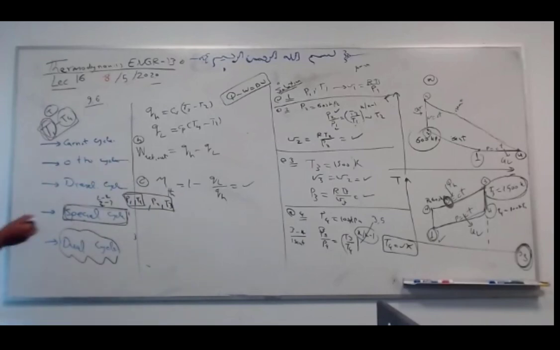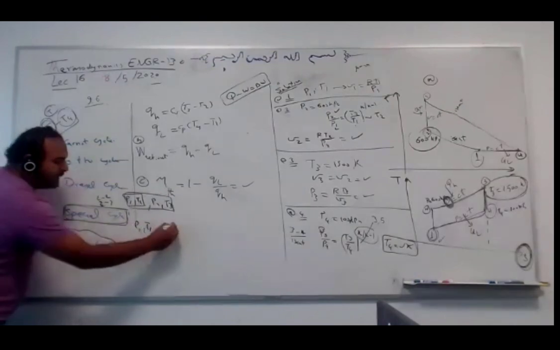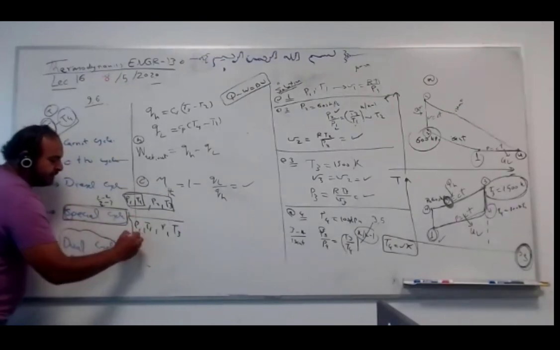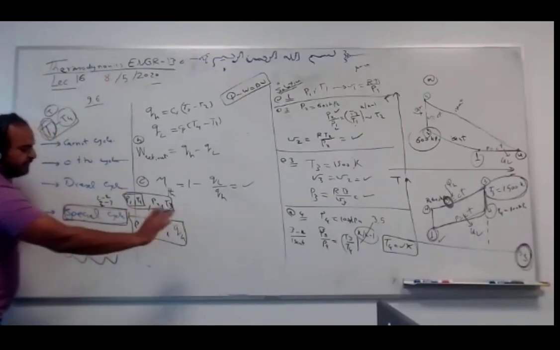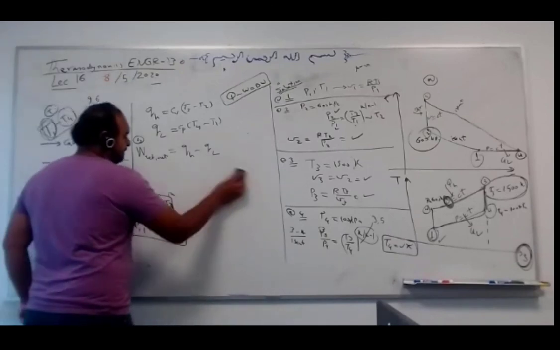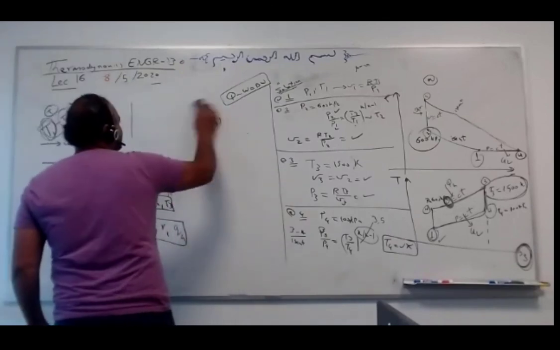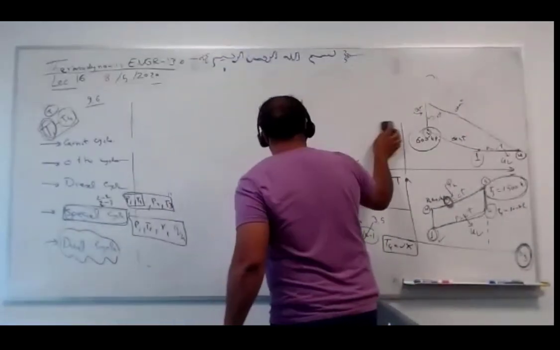For example, if you have P1, T1, R, and T3, you can get everything, like Q high in the last problem. So you need 4 pieces of information in any cycle to get everything about the cycle.